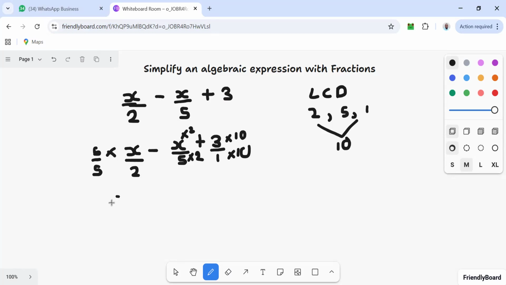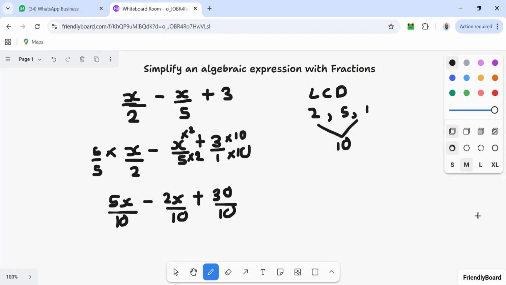So this will become 5x over 10 minus 2x over 10 plus 30 over 10.